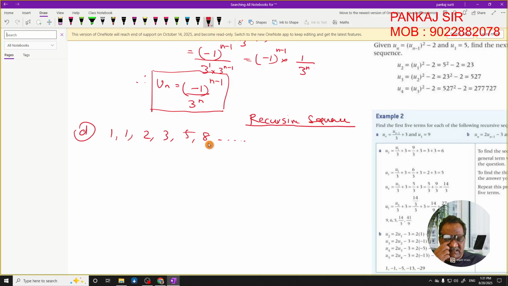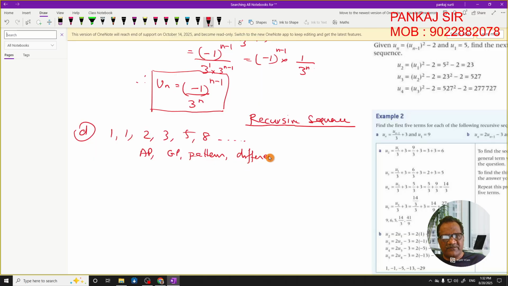If you see this sequence, it looks very weird. You cannot say that it's an AP, and you cannot say it's a GP. By no means can you say that this is an AP or a GP. There's no pattern which can be decided. There's no difference method either.